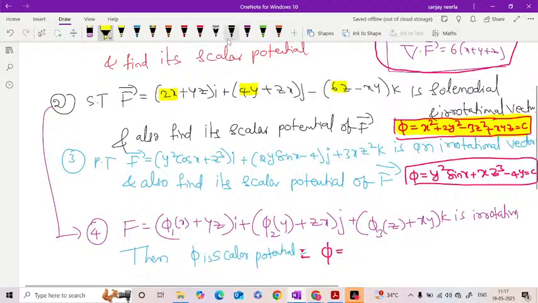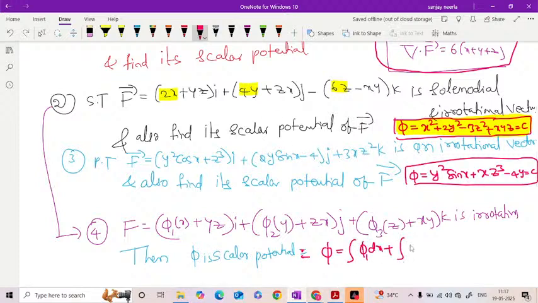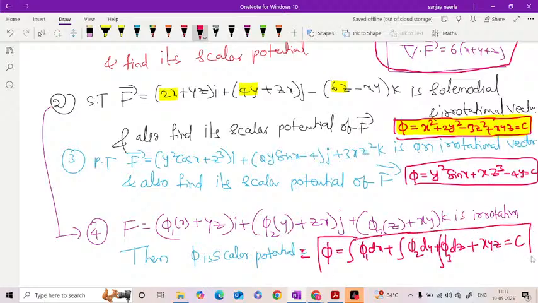So here we will get the integration of f1 dx plus the integration of f2 dy plus the integration of f3 dz plus xyz is equal to constant, which is our scalar potential field. Am I correct? You get my point?